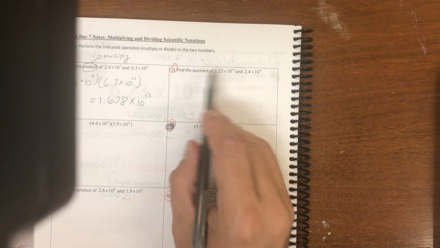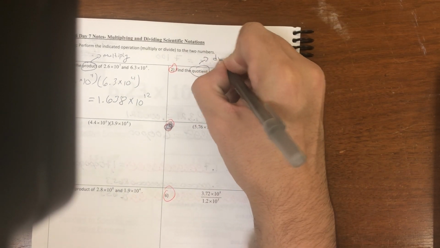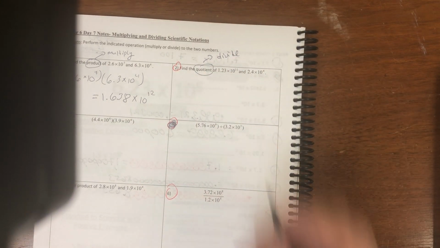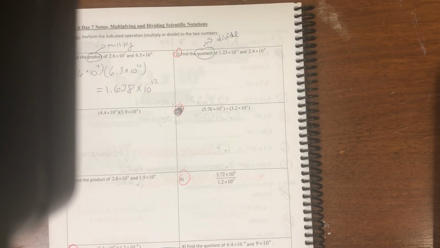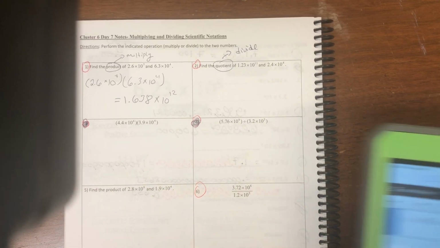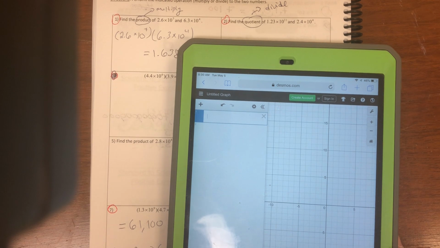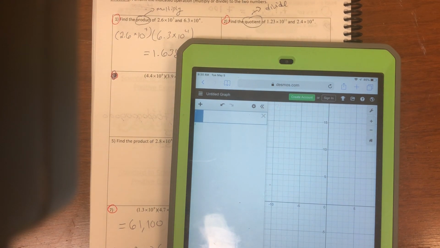Now let's move on to number 2. It says find the quotient of those two notations. Well, the word quotient means to divide. Okay? So let's go ahead and work this out. Because I'm dividing, I'm going to click my division symbol so I can get my fraction.